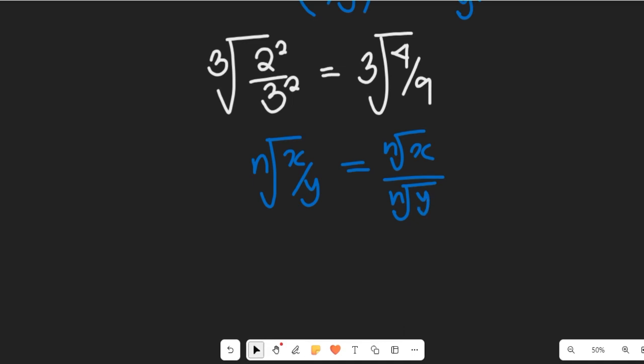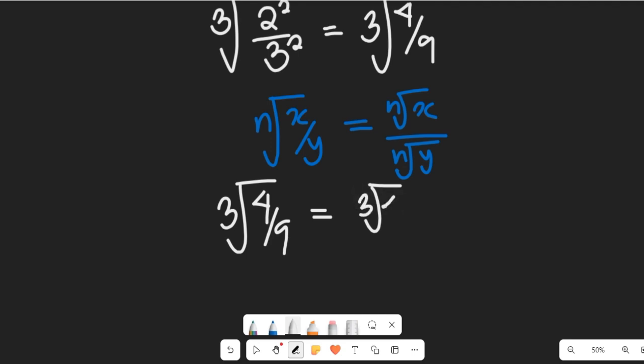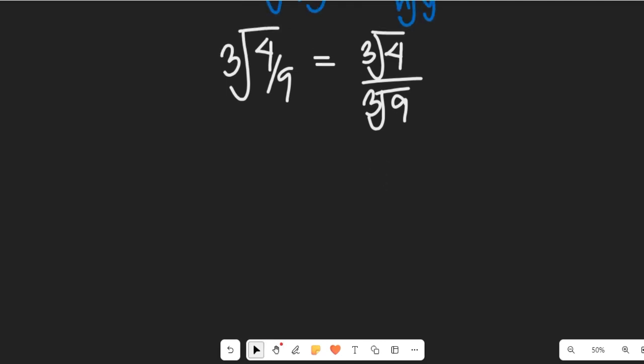If we apply that, the cube root of 4 divided by 9 becomes the cube root of 4 divided by the cube root of 9. Great. Now, at this point, what do we do? If you are watching this, pause the video a little and ask yourself, what do you do from here? What is this going to give you?